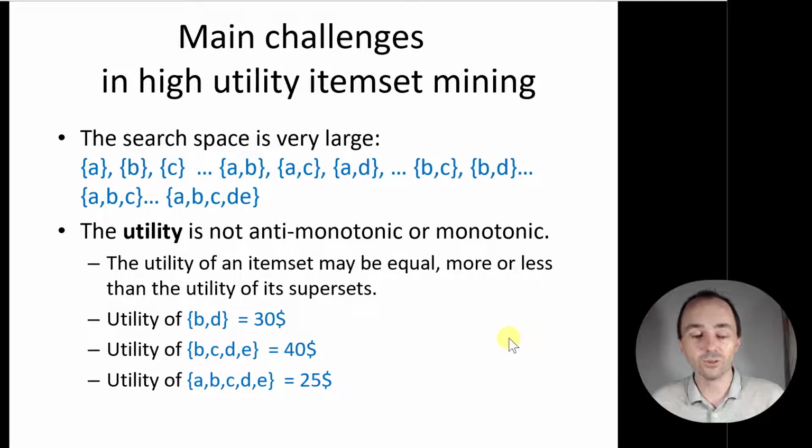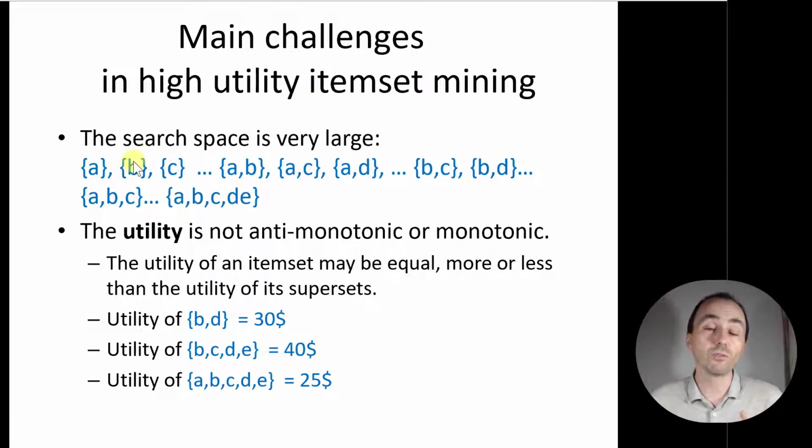Okay, let's continue. High utility item set mining is a popular problem in recent years. There are many algorithms to solve the problem. So why is this problem interesting for researchers? It has some special challenges.